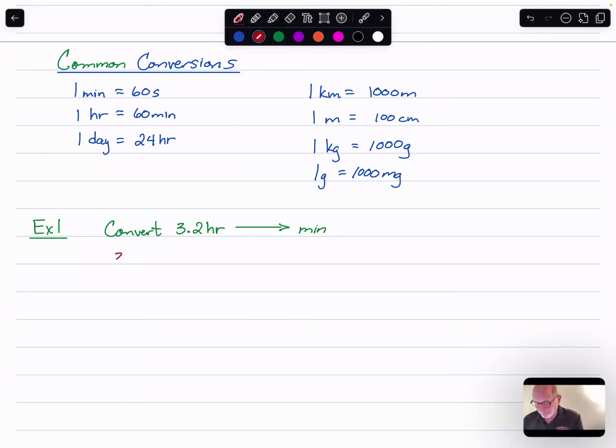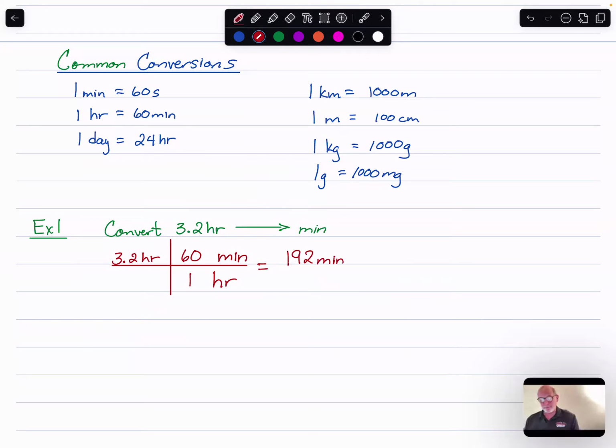And so we're going to write down 3.2 hours. I only need a single conversion unit for this. I want my hours to cancel. I want to get to minutes. In 1 hour, there are 60 minutes. 3.2 times 60 is 192 minutes.